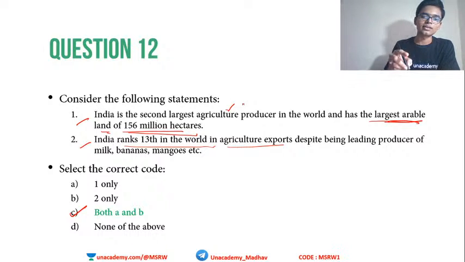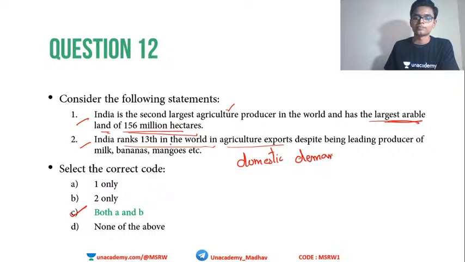And even then, in the export sector, we are only 13th in the world. Why? Because domestic demand is very high. The lion's share of India's produce is used within India itself. It cannot be exported because there is demand in the domestic sector itself. So both the statements given are correct. Option C is the right answer.